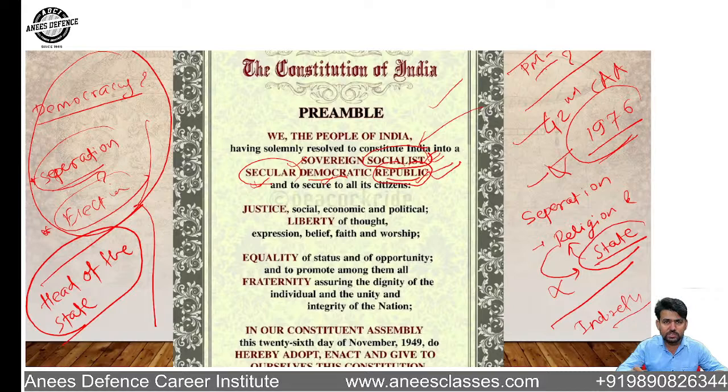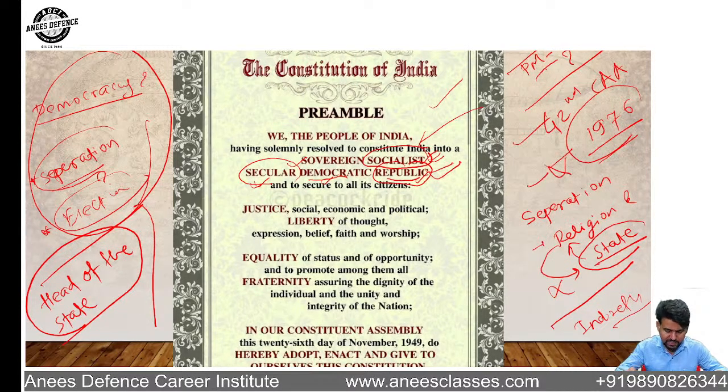If I ask you whether this statement is correct or incorrect, I just told you that every democracy is not a republic because if you see the UK, Canada, Australia, they all are democracies, but they are not republics. So every democracy cannot be called a republic. However, the vice versa is true. Every republic is a democracy. This is true because wherever you have a republic setup, indeed that country is a democracy, right? So every republic is a democracy, but every democracy is not a republic. That has to be very crystal clear in your mind.